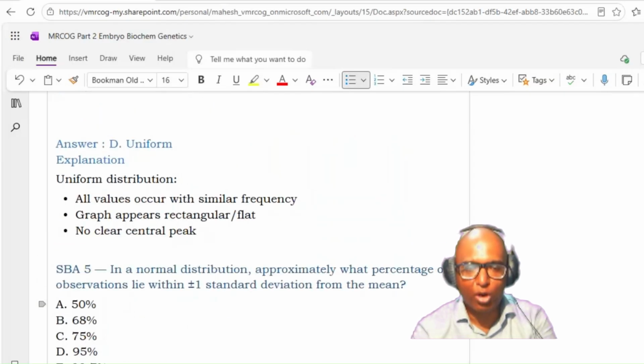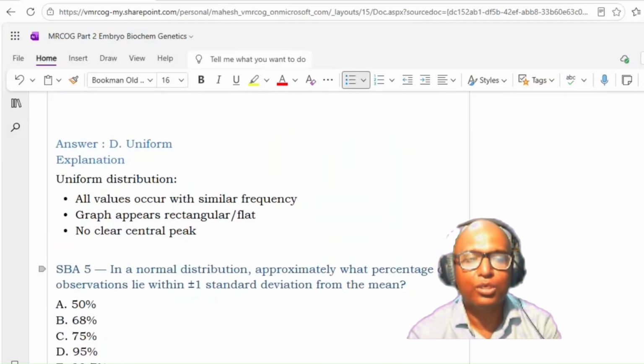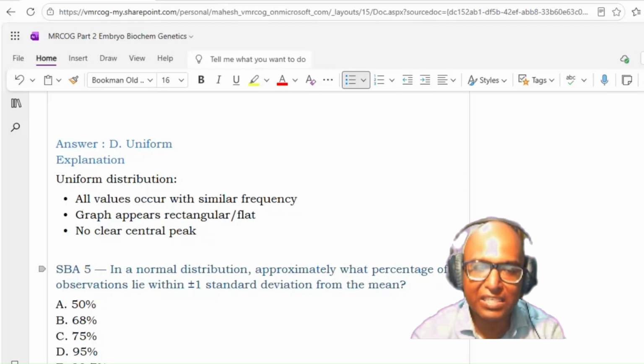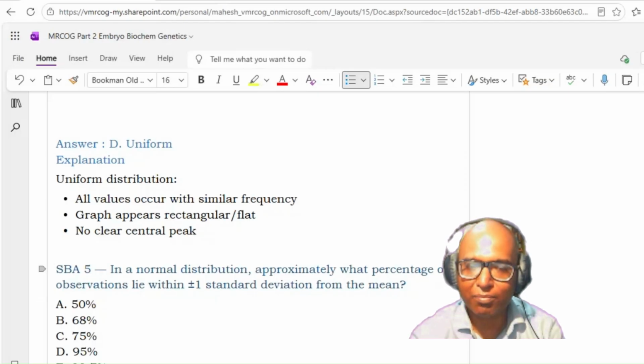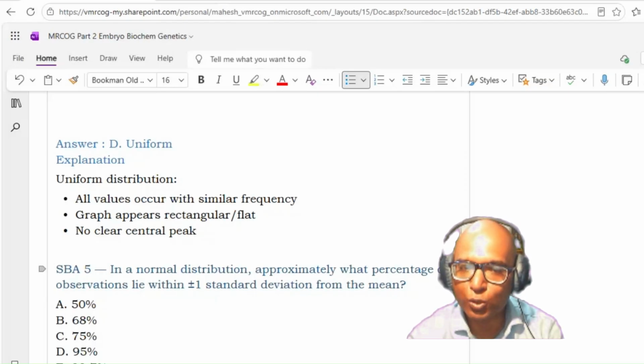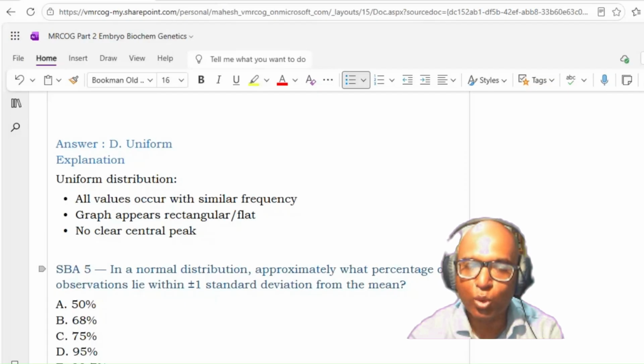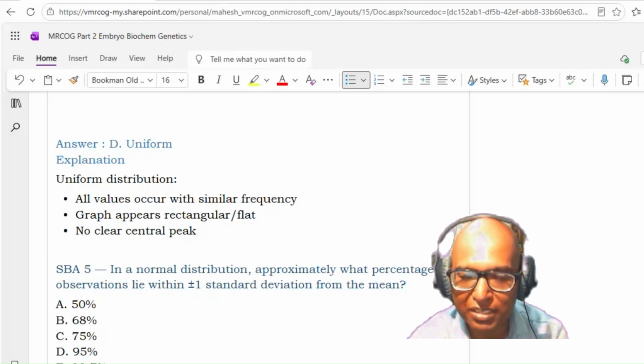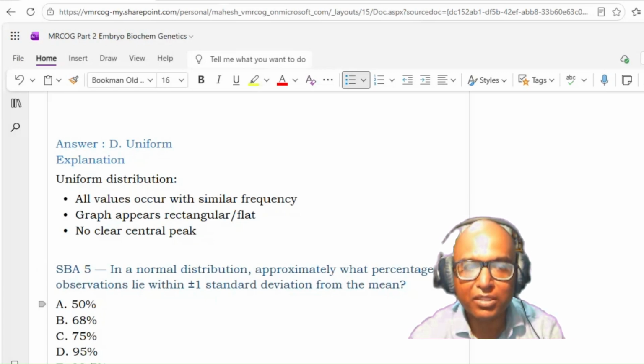Sometimes they modify this particular question to talk about only plus 1 SD, or only minus 1 SD, or plus 2 SD, or only minus 2 SD. Then they ask how much percentage will lie, and if it is plus 1 SD only, then it will become 34%.